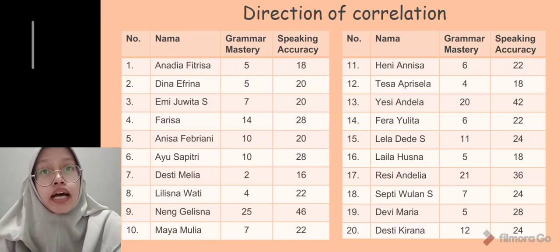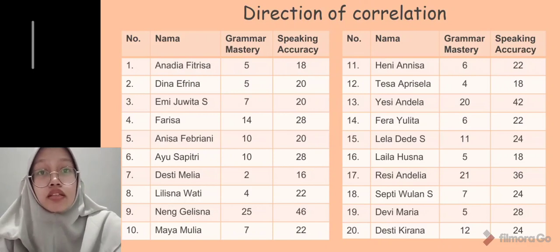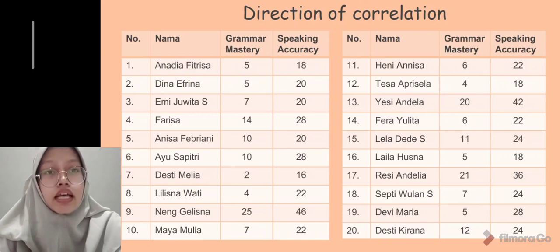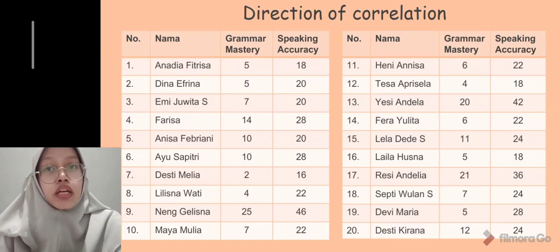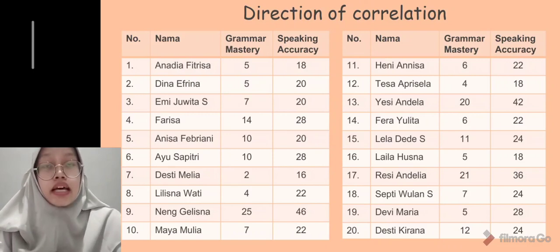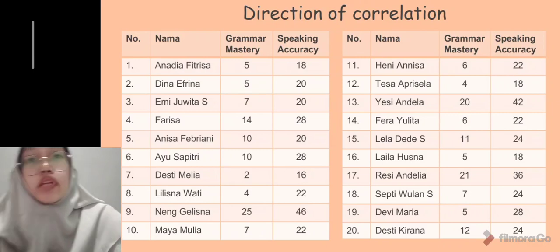Desti Melia, the score of grammar mastery is 2 and the score of speaking accuracy is 16. Lilis Nawati, the score of grammar mastery is 4 and the score of speaking accuracy is 22. The next is Neng Gelisna, the score of grammar mastery is 25 and the score of speaking accuracy is 46. The next is Maya Mulia.